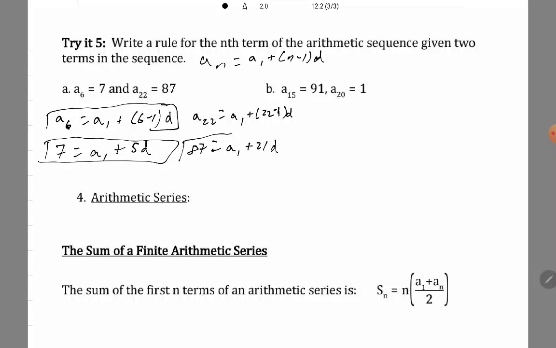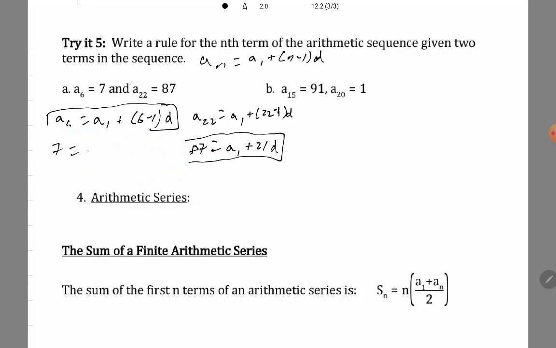Now I have two different equations with two unknowns. That means we have a system of equations. So I'm going to go ahead and put them on top of each other. Once again, this was 7 equals a1 plus 5d. And then 87 equals, here's my second equation, a1 plus 21d.